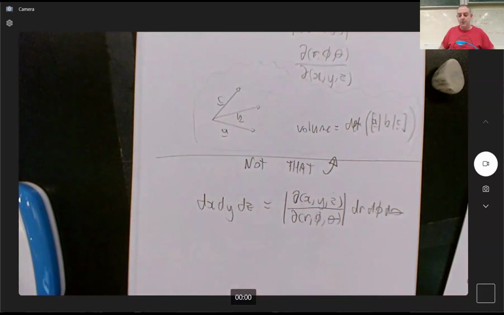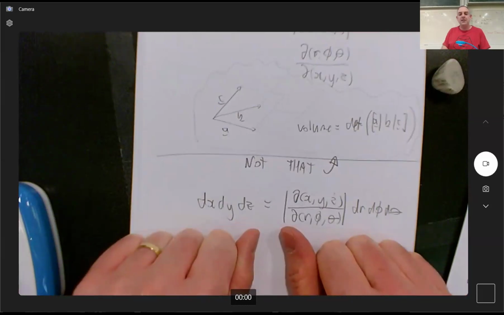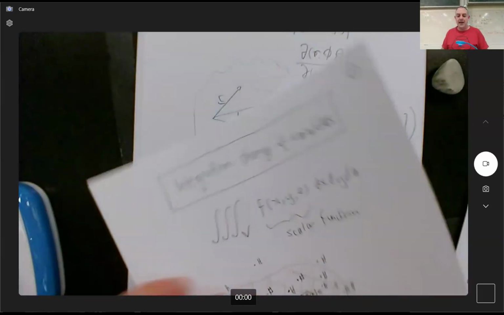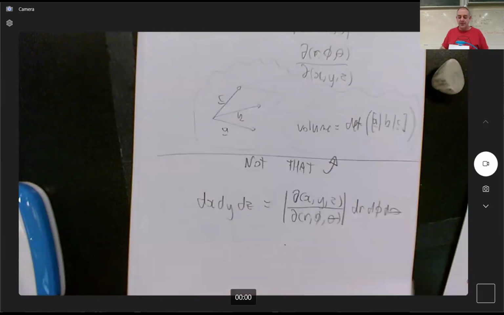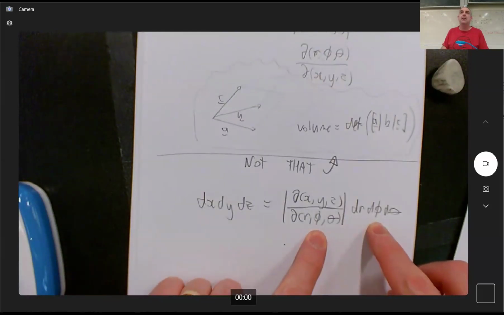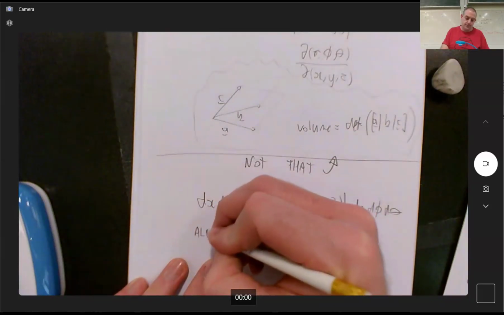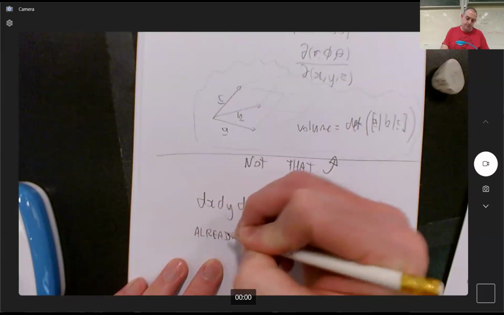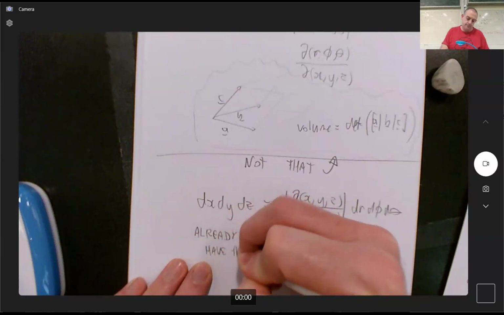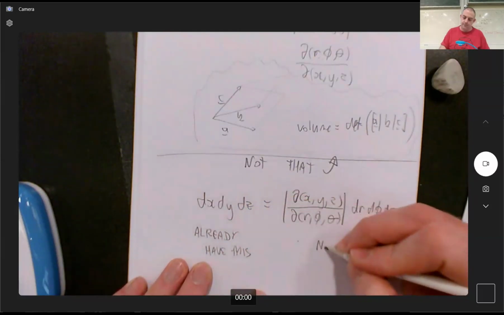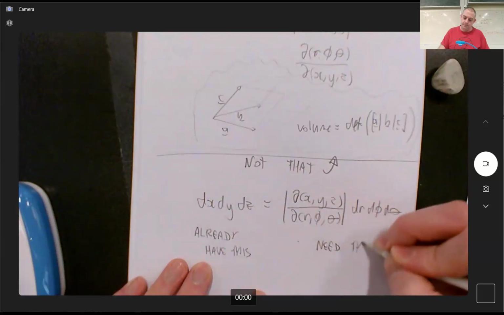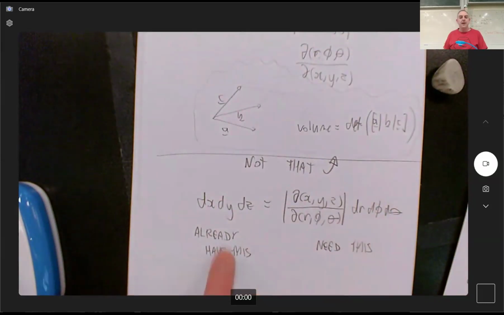And the reason I know we want this is that our expression that we were trying to calculate already had an x, y, z, and we're trying to replace it with something involving dr, d phi, d theta. Okay, we already have this. We need this.